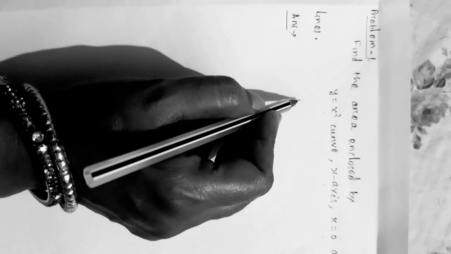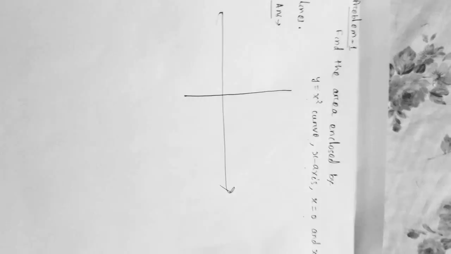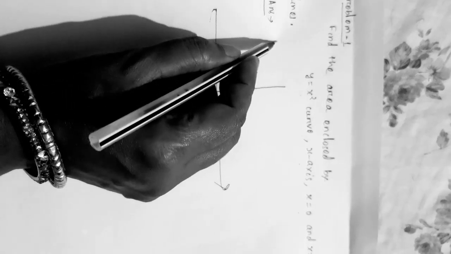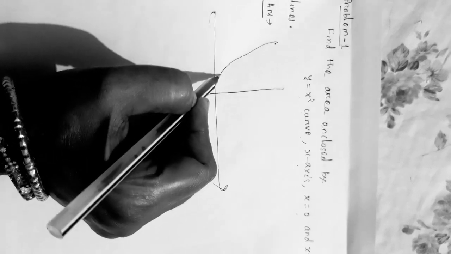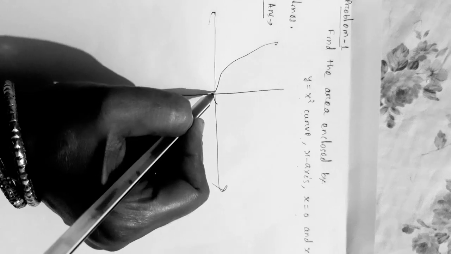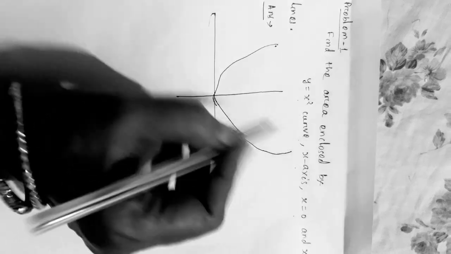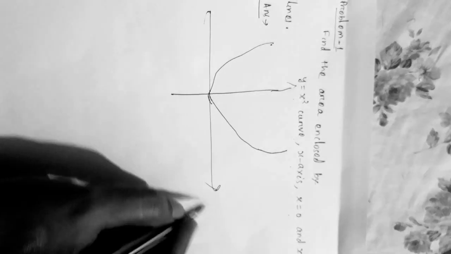For this, let us draw the curve y is equal to x square, which you have already learned in your matriculation. If you draw this curve, you will get a curve like this, symmetric to the y axis.